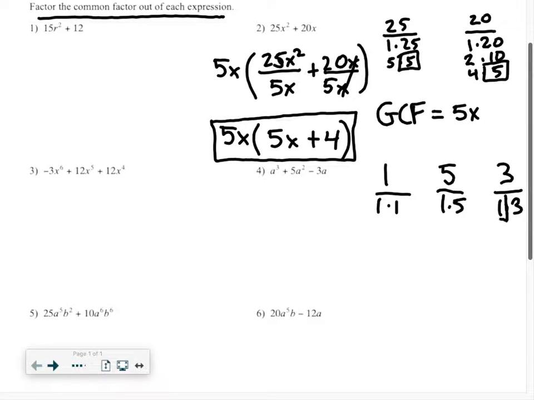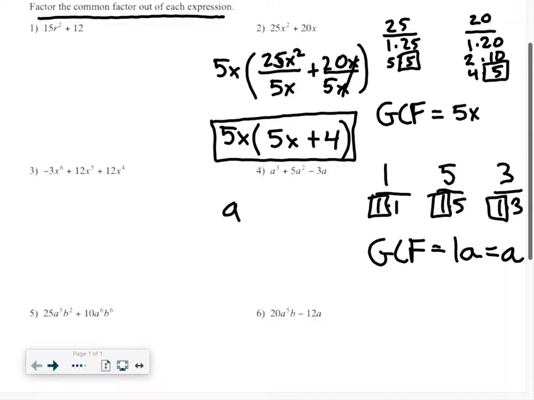So the GCF of the numbers is 1. The variable a is in each term, so we take the lowest exponent, a to the first. 1a, we know that's just a. We don't need to write the 1. So we're factoring out a.